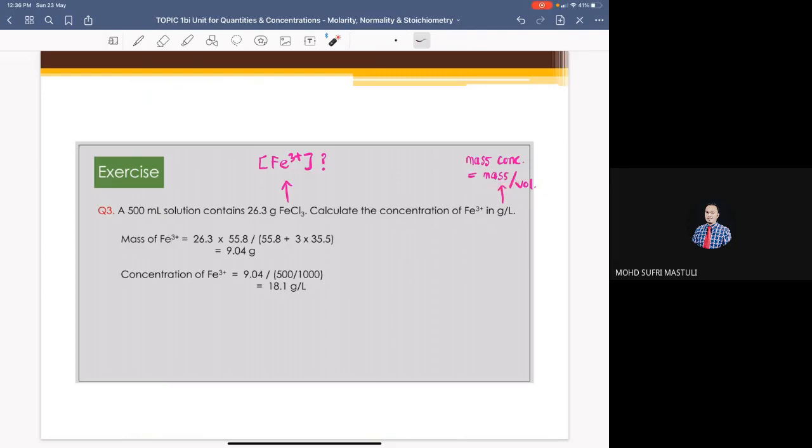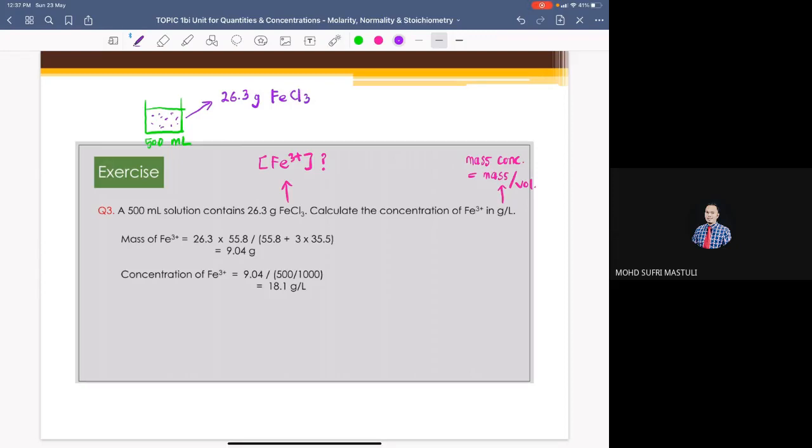If you draw the diagram, this is a beaker with 500 ml of solution, within which is 26.3 gram FeCl3.